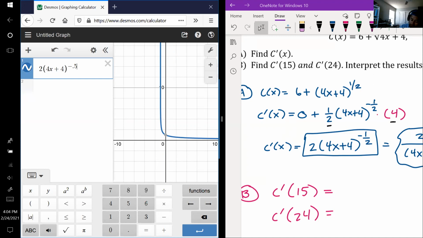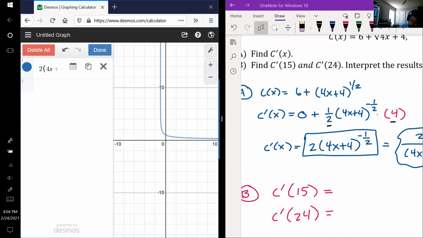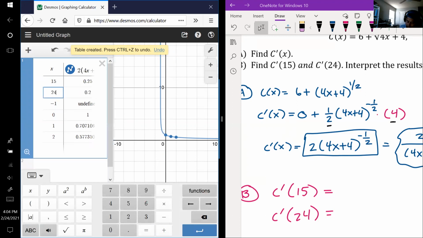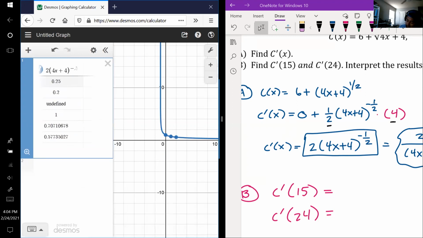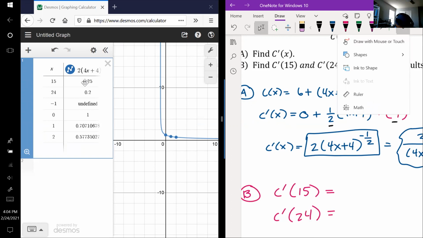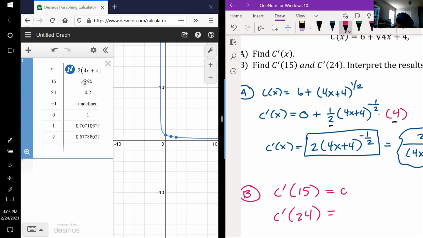Then I'm going to change it into a table, which makes computing faster, and type in 15 and 24. And I get 0.25 and 0.2. Okay, perfect.